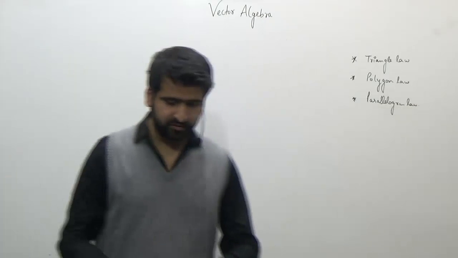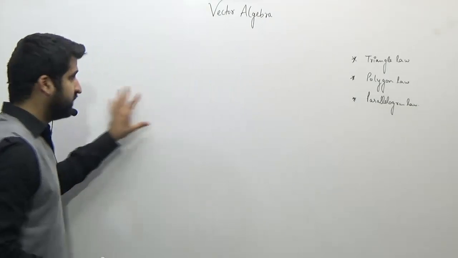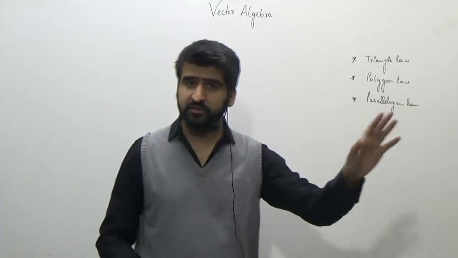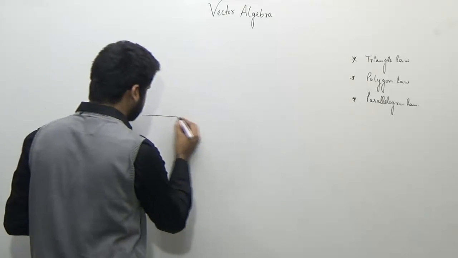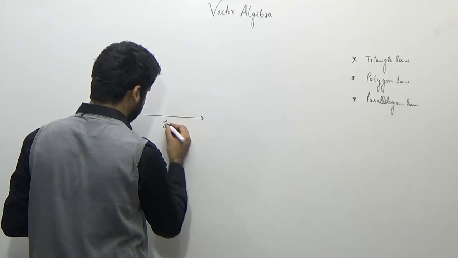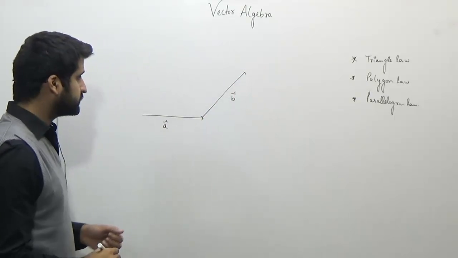First, let's discuss the triangle law. The very basic law for addition of vectors is the triangle law. How do we use that? If we have two vectors, this is A vector and this is B vector.